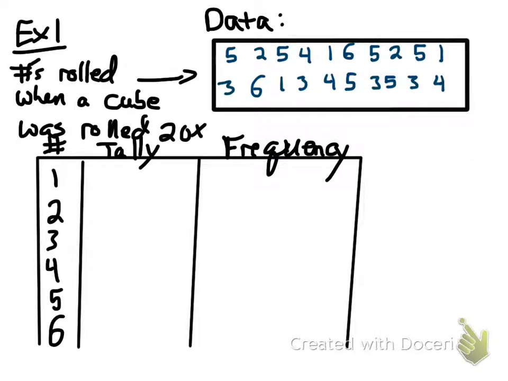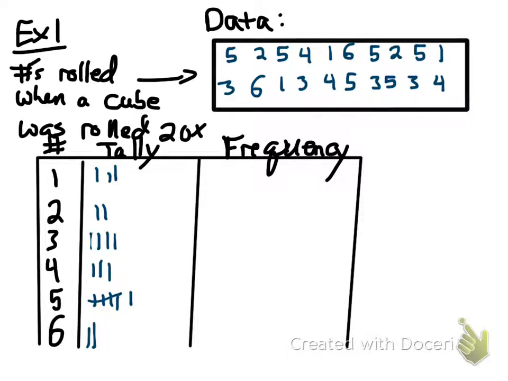So I have 5, 2, 5, 4, 1, 6, 5, 2, 5, 1, 3, 6, 1, 3, 3, let's fix that, 4, 5, 3, 5, 3, 4.